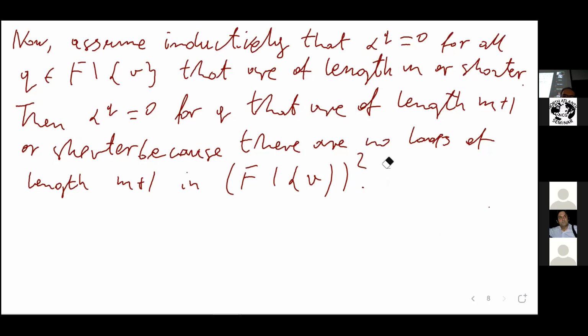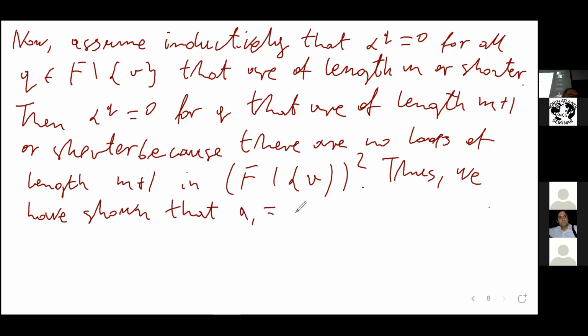So thus we have shown that A1 is equal to chi v, or A2 is equal to chi v.